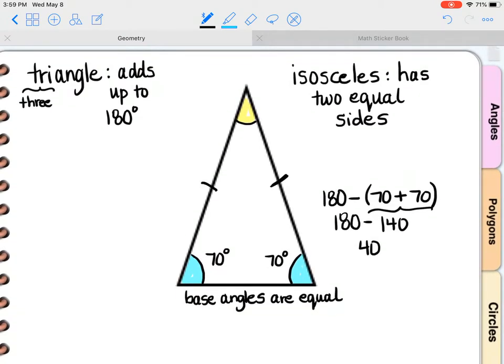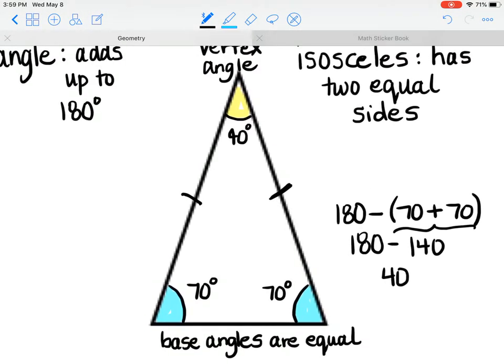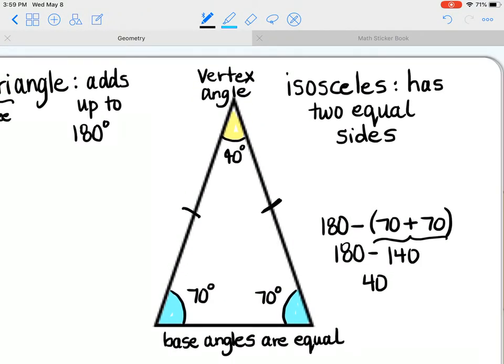That means the vertex angle, which is this one up here, is 40 degrees. Because the inside of that triangle, all of those colored parts, have to add up to 180. So the base angles are each 70, and the vertex angle, the peak, is 40 degrees. And that's the anatomy of an isosceles triangle.